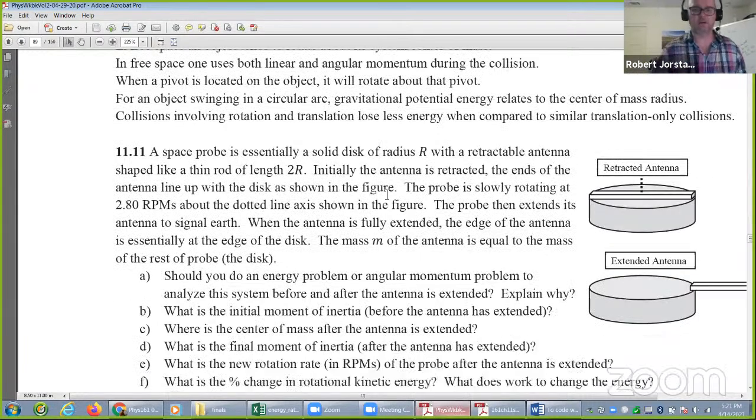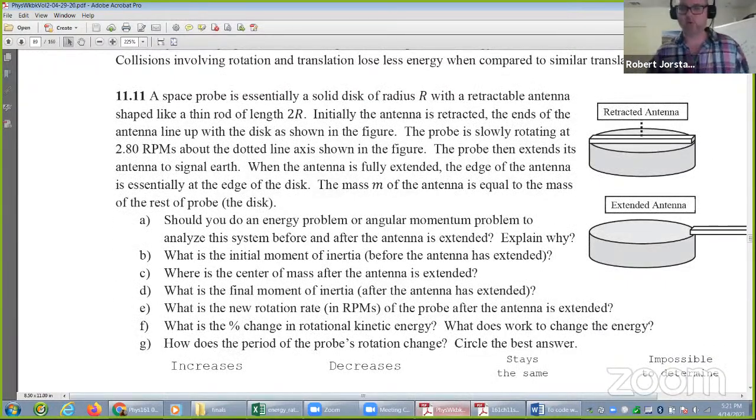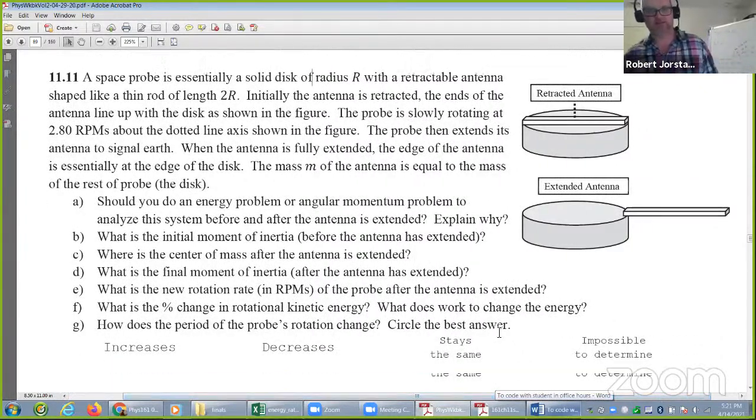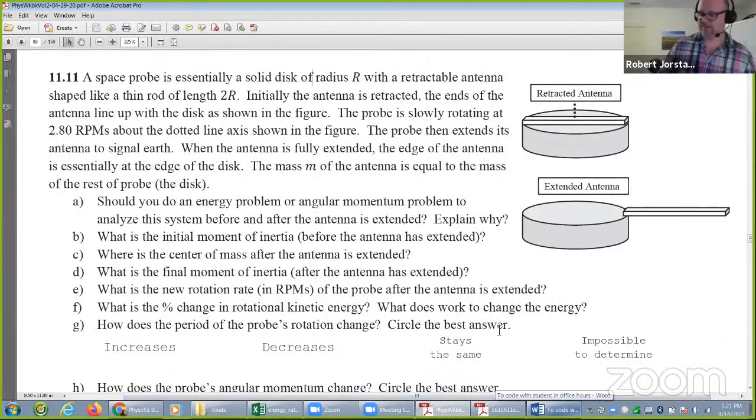So let's do a bunch of problems that have 1 as the only number in them. That's this page. So you have a space probe. It's essentially a solid disk. It's got a retractable antenna. It's rotating about the dotted line shown in the figure at 2.80 RPMs, revolutions per minute.